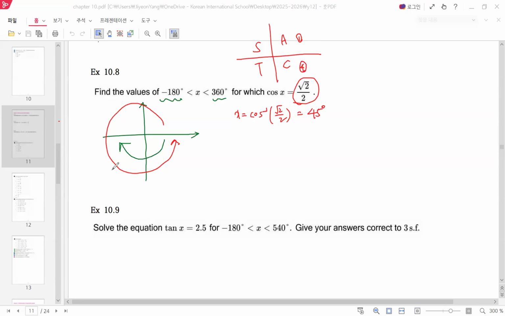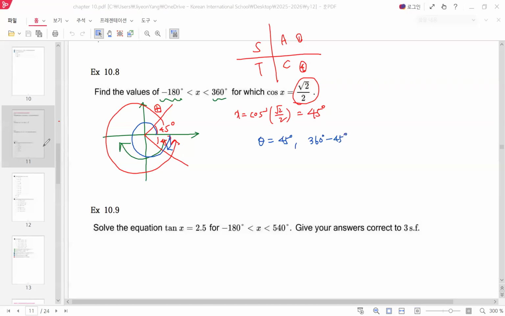So for one full turn in the positive direction, you need to find 45 degrees here and 45 degrees here. So theta equals 45 degrees, and 360 minus 45 degrees.